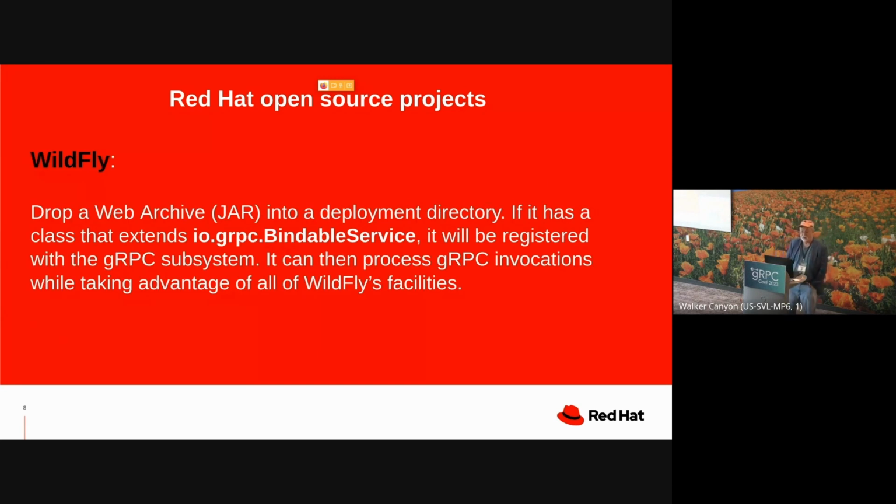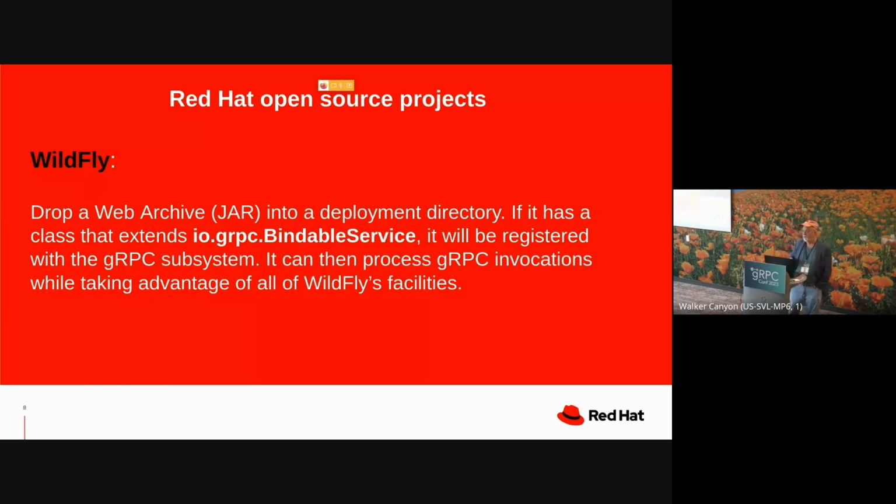What we've made it possible to do is, if you package up a gRPC application into a web archive, into a jar, and you drop it in a deployment directory, if it has some class that extends io.grpc.BindableService, which is the kind of thing that comes out of the gRPC compiler, then Wildfly will notice that.